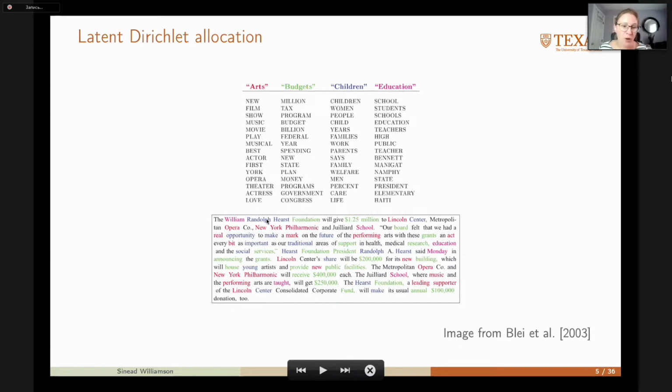So we have words such as New York Philharmonic and performing that are associated with the arts, and words such as provide and $400,000 and grants associated with budgets. Right? So this is a way of understanding in a very interpretable way what's going on in these documents and what a document is about.